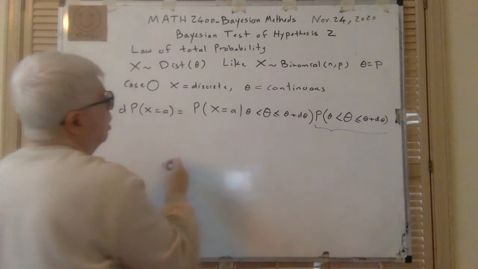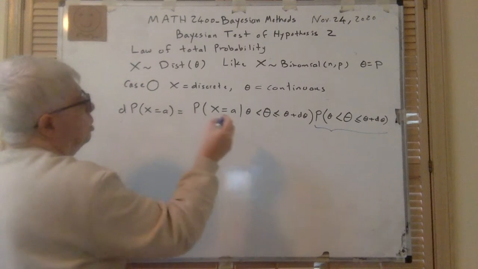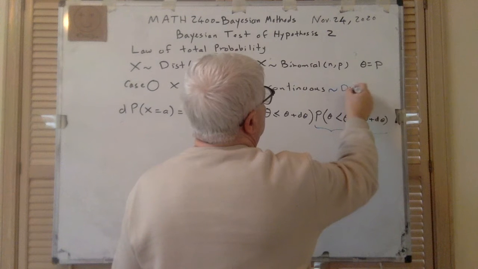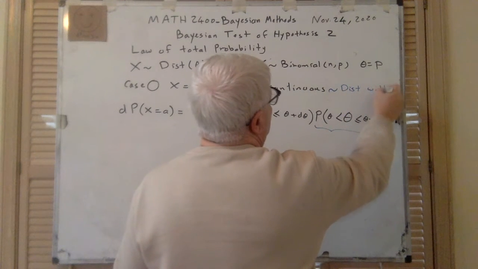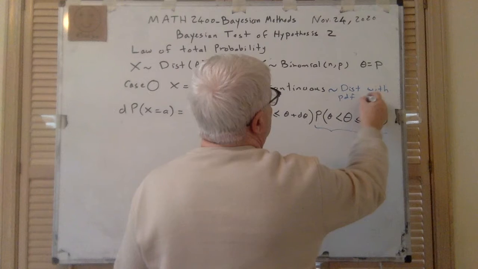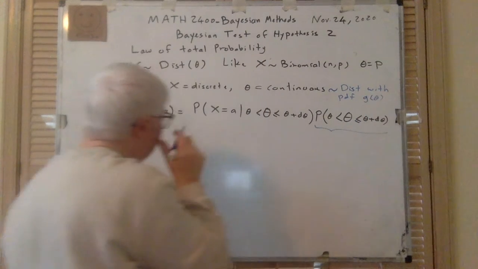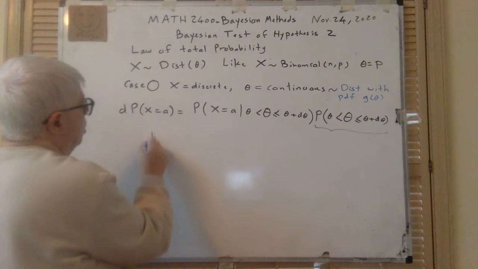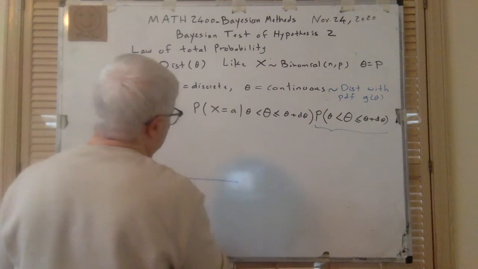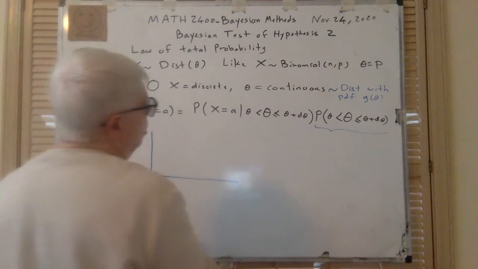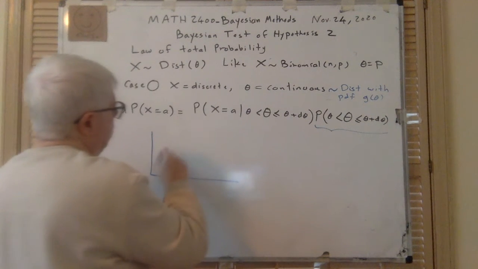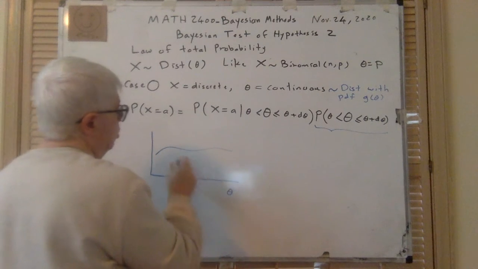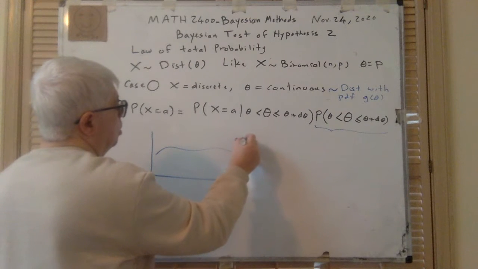First of all, when we say theta is continuous, it means that it has some distribution with PDF g theta. So we have the graph of g theta, and this is theta.